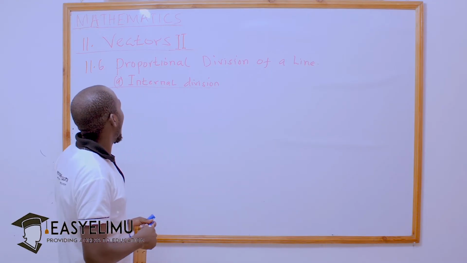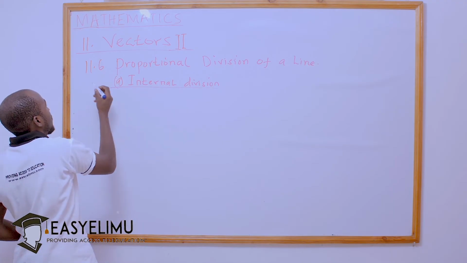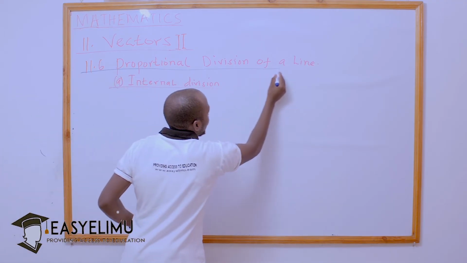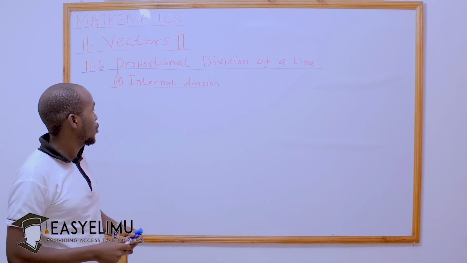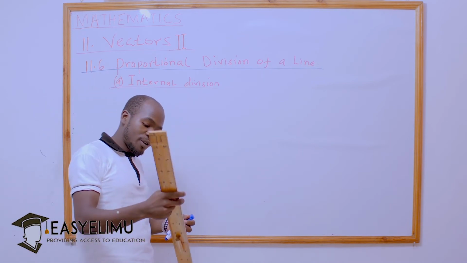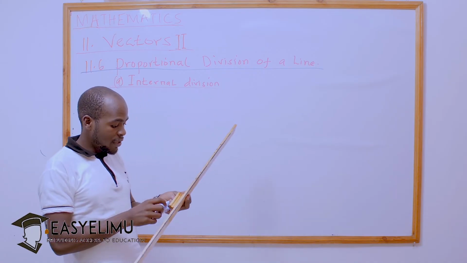Now let's move on and see how we can find proportional division of a line. We shall start with internal division. Under internal division, I start by giving a given length.